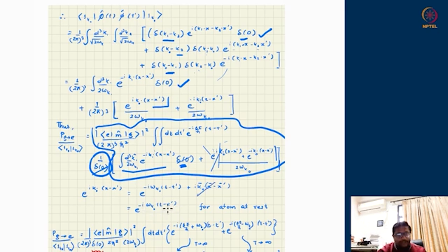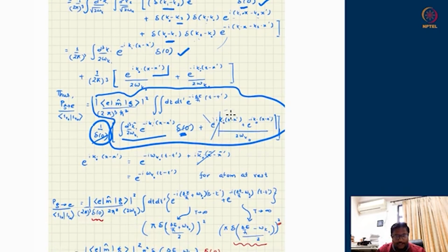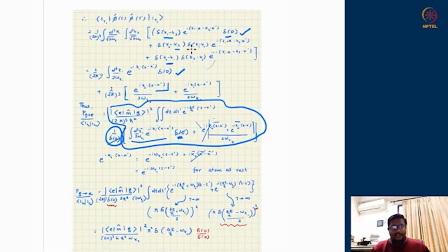That should go and sit in the 2 places, the two terms appearing over here, and they have to undergo the integrals. They individually become e to the power minus iota omega k naught (t minus t prime), and the second one will become e to the power plus iota omega k naught (t minus t prime).